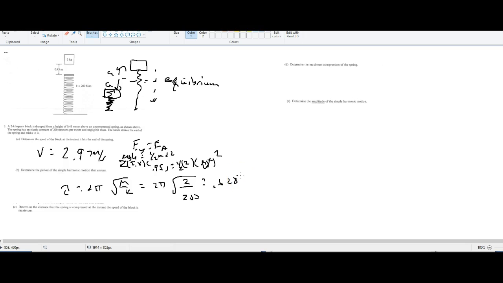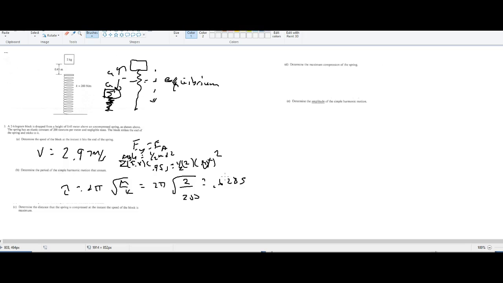Let me double check that just to make sure. Somebody's going to tell me, why isn't it 0.627-ish? I will double check. Divided by 10, bam. 0.628-ish. Good, I've got it. And that would be seconds. That's the period. It does not change because I drop it from outer space. Doesn't matter. The spring is going to bring it back and forth, no matter how much it gets compressed, in the same amount of time, as long as it's working like a perfect spring.